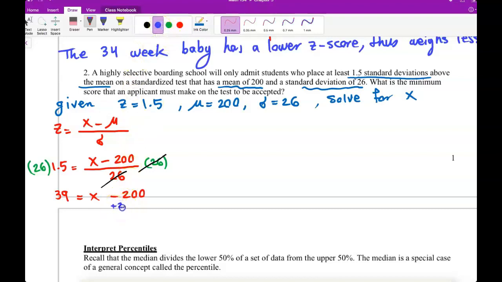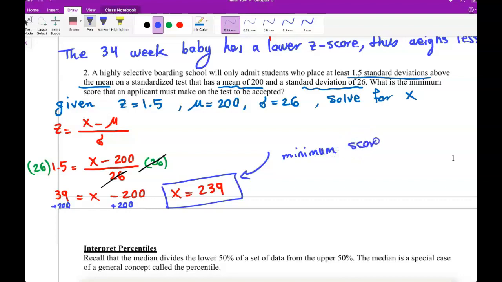Now add 200. So x is 239. This is the minimum score.